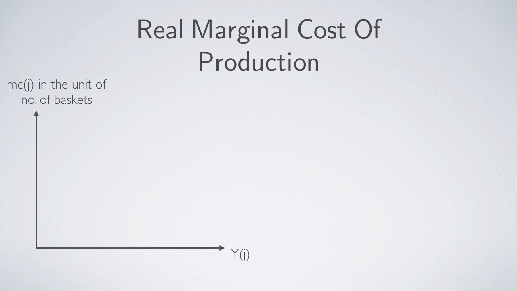If we draw a graph where the vertical axis is the unit of baskets representing the marginal cost in real terms, and the x-axis is the output for this firm, then suppose the firm increases its production, so Yj increases. Of course, if it wants to increase production, it needs to hire more labor.